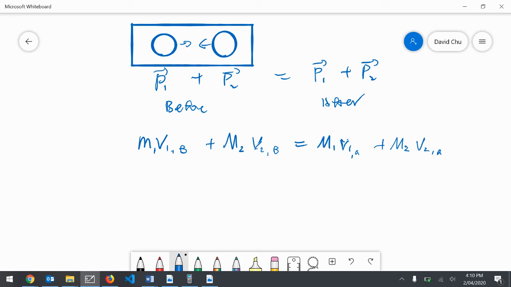So the momentum sum before must be equal to the momentum sum afterwards.